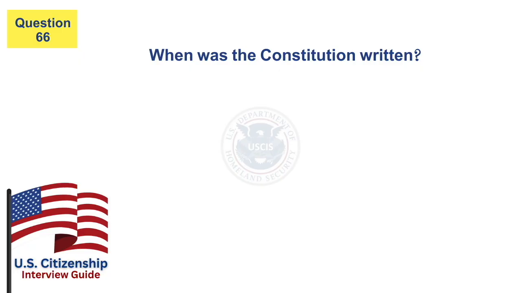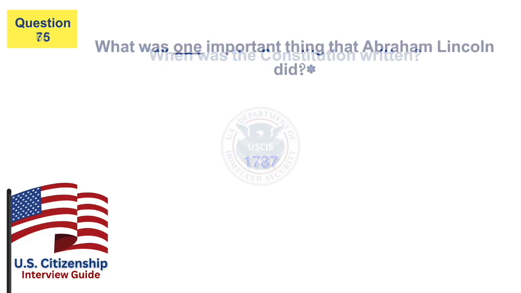When was the Constitution written? 1787. What was one important thing that Abraham Lincoln did?